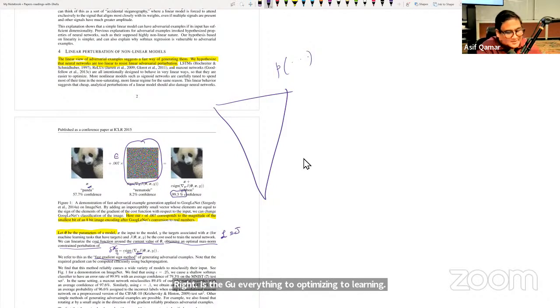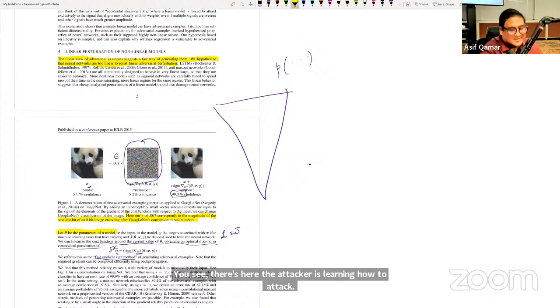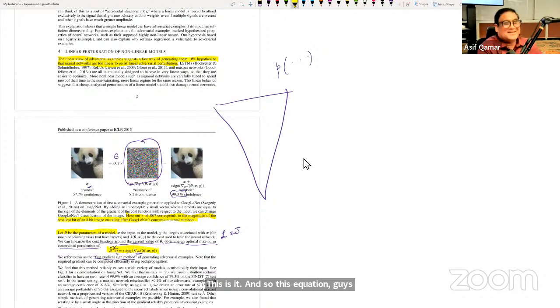This is it. And so this equation, guys, does it make obvious sense? It's a very obvious equation. If I could see the probabilities and I could see the loss, therefore I can do the loss gradient, I am done. I can create a pixel map of noise that may be sub-perception. When you add it to these pictures, there is no way you can tell it apart.